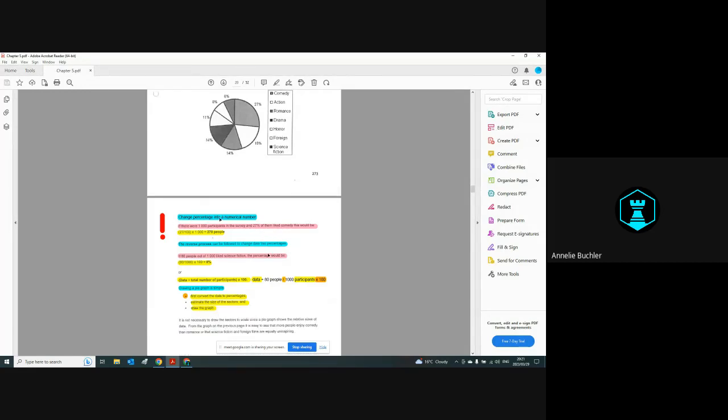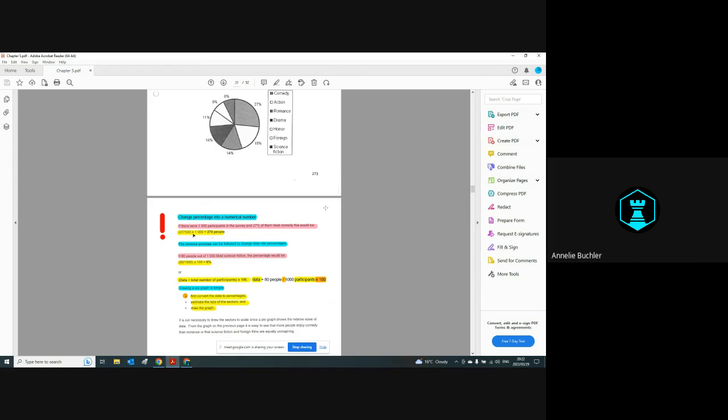Change percentage into a numerical number, because they might ask you, if there were 1,000 participants in a survey and 27% of them liked comedy, how do you calculate to change a percentage into a numerical value? You take the 27%, you divide it by 100, you times it by the 1,000 participants and you get 270 people.